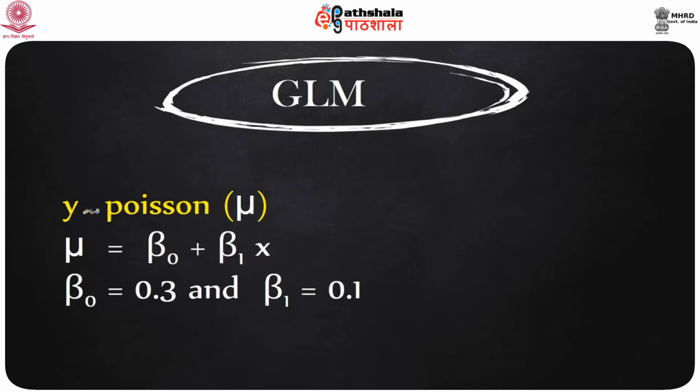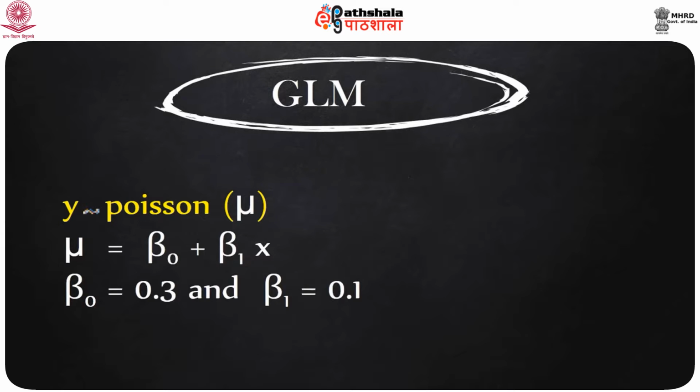The first thing that had been done in the previous case as well is fixing the values of the unknown constants, and exactly that has been done here. So this is what our model is, and if we simulate from this model, then we are going to have Poisson data.